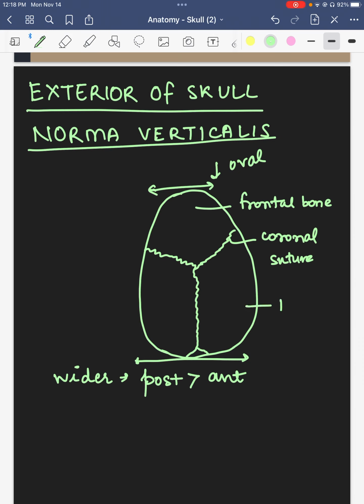This is the parietal bone. This point here is called bregma. I will discuss all these points in my coming slide. Here we have two foramina called parietal foramina.